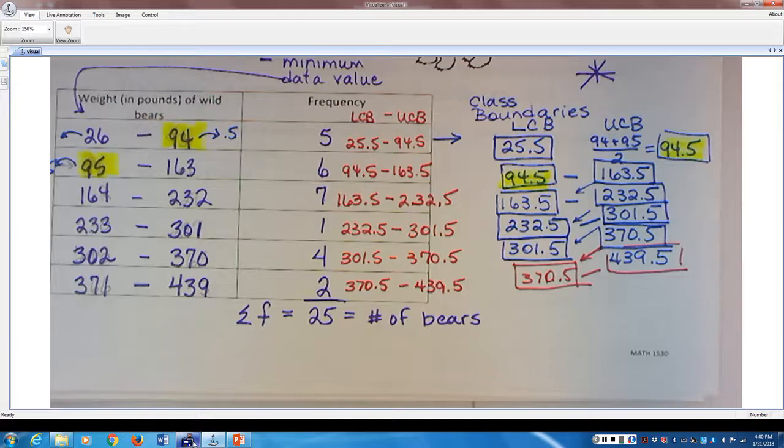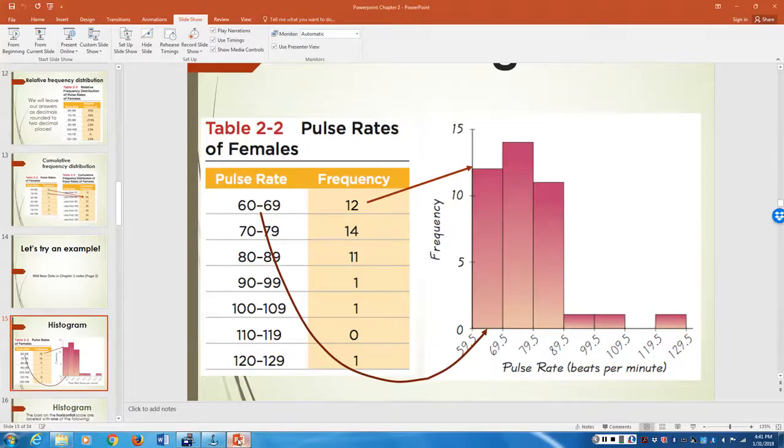Now, what is a lower class boundary? We don't want to memorize some kind of a formula for how you find it. What actually is it? It is the dividing line right here between the first class interval and the second class interval.